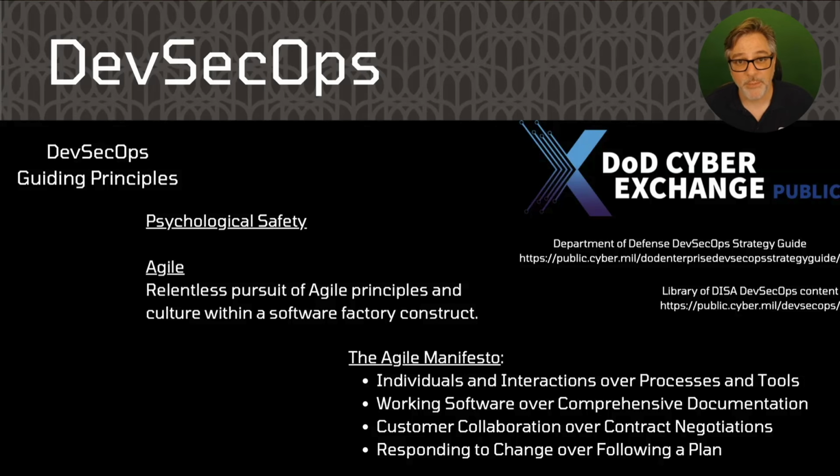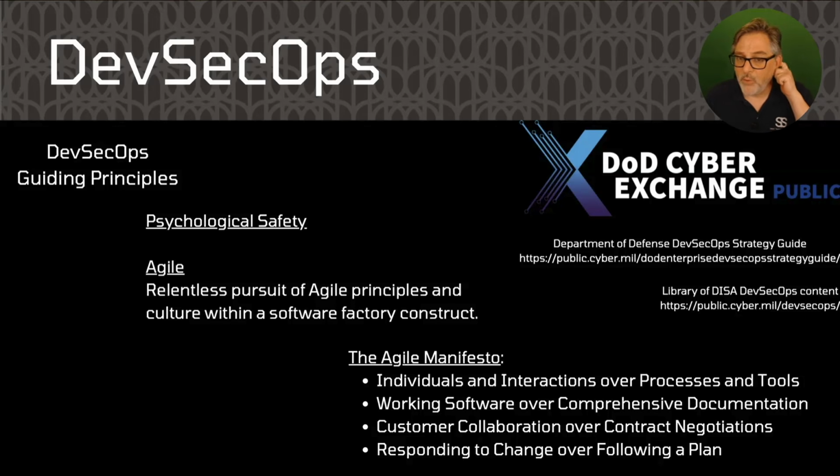Okay, as promised, we're now going to reveal the location, the top secret location of the Department of Defense DevSecOps Strategy Guide. It's not really top secret. I just happened to find it, and I believe it is a really good resource to guide your DevSecOps activities.